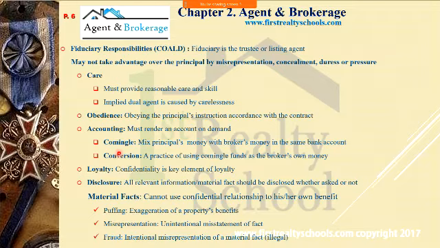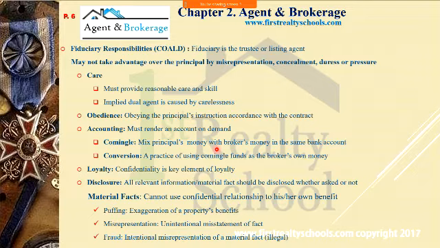However, commingle can be even more serious in the state exam. You might lose your license if you mix the principal's money with your personal checking account.